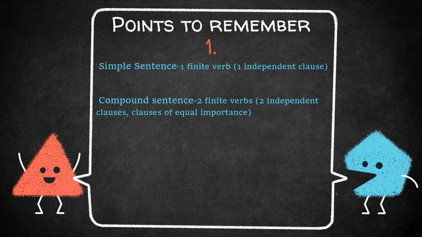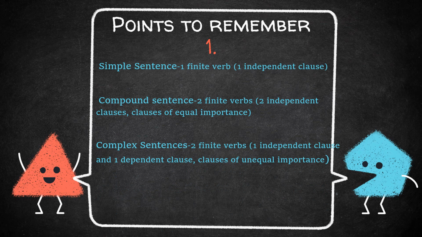Moving on to the third sentence, that is a complex sentence. A complex sentence will also necessarily have two finite verbs. So there will necessarily be two clauses, but here lies the difference between a compound and a complex sentence: as in the compound sentence both the clauses were of equal importance, in a complex sentence both the clauses are not of equal importance, because one is an independent clause and the other is a dependent clause.